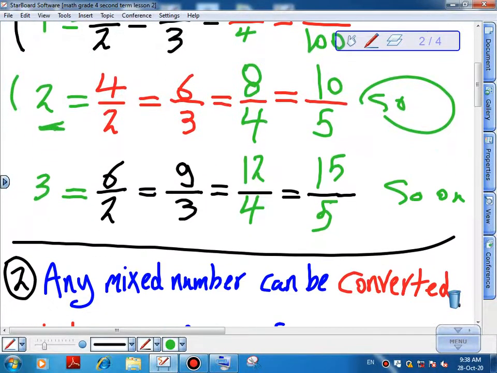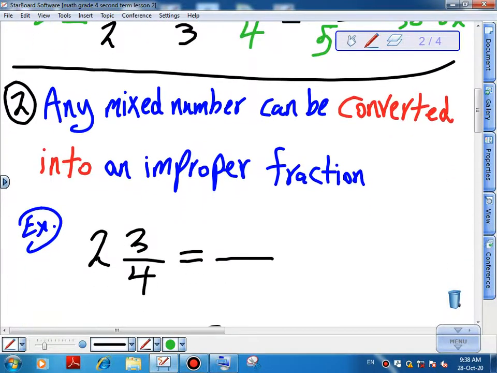Note number 2 says that any mixed number, which has a whole number and a fraction, can be transformed into an improper fraction.